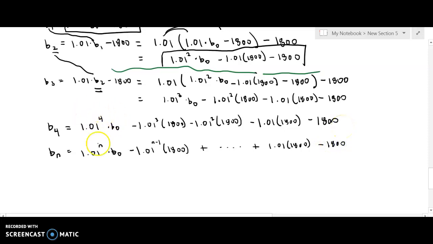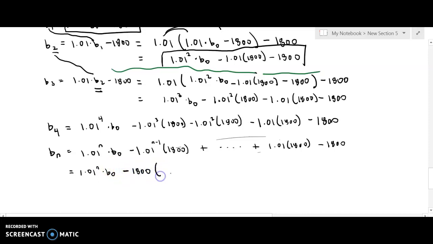So I see here that this is very similar to our term in the first example that we worked with, method of iteration. What I'm going to do here is I see again a geometric series. I see 1.01s with powers, but it's not multiplied by 1. They're multiplied by 1800. So I'm going to take one extra step here before we use the geometric series formula to compress this. I'm going to factor out an 1800.